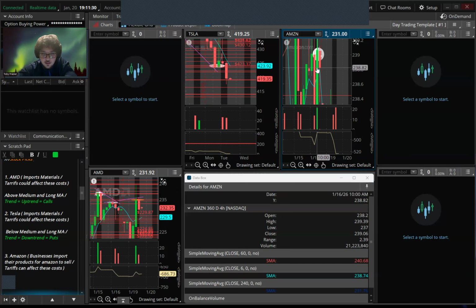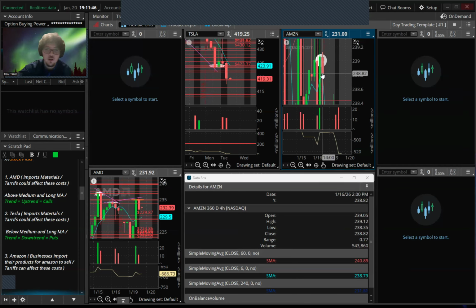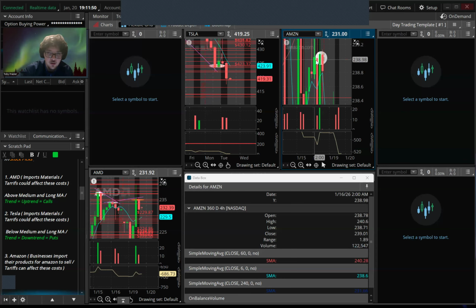Close at 6 cents, and open at 5 cents. So that 6 cents close is the highest price point of these two candles on the left and right.